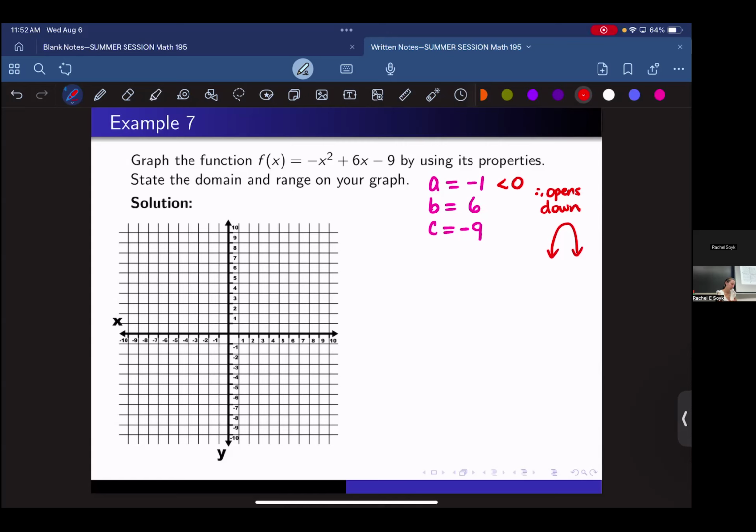Okay, first step. Second step, axis of symmetry. So our x is equal to -b over 2a. You get -6 over 2 times -1, which is just -6 over -2, which gives you 3. And this is your h value.